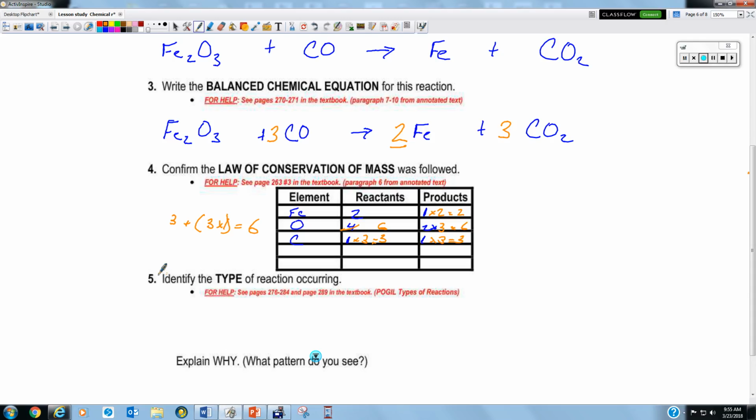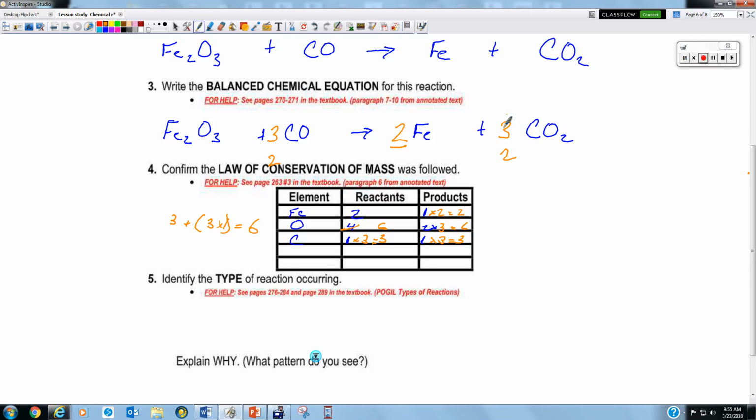Well, if I tried to fix it to get 4 here by putting a 2, when I do that, if I only put a 2 in front of carbon here, how many oxygens do I actually end up with? 5. So 5 and 4 is not going to match up, so I had to do something different.